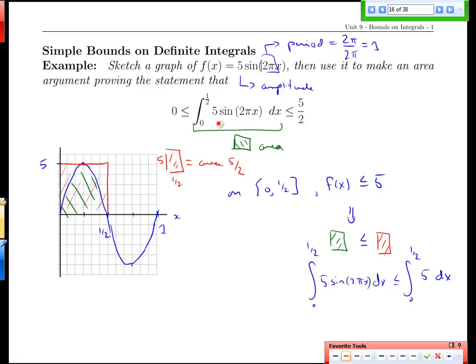So the area under the curve here that's represented in green is going to be less than the area represented by this rectangle, and so we get a relationship between the integral and this nice simple value. It comes from the fact that our function is never exceeding the value 5, so the integral will never be exceeded by the integral on the same x range of the simple function 5, which comes out to a rectangular calculation.